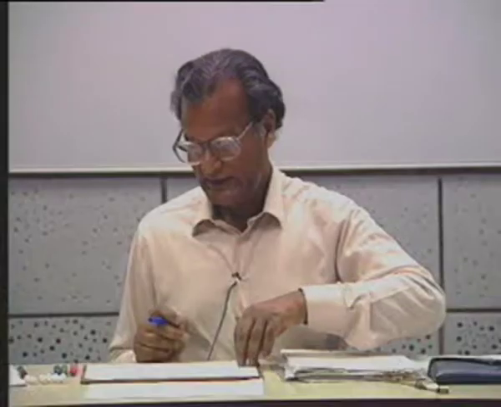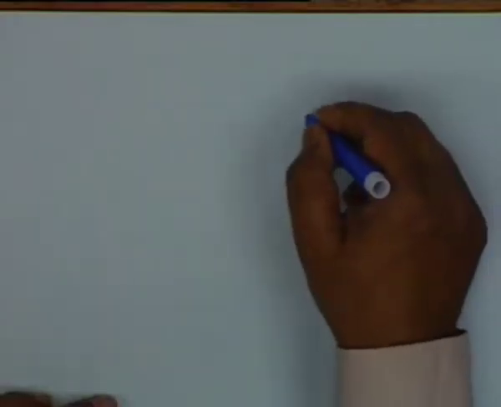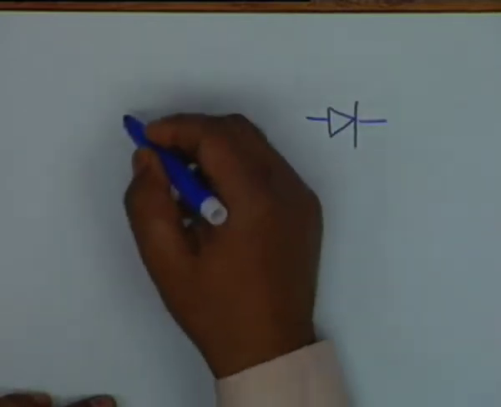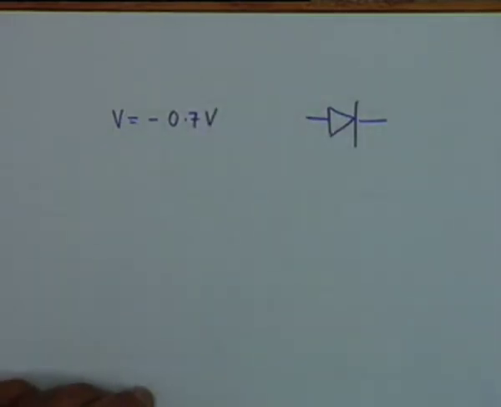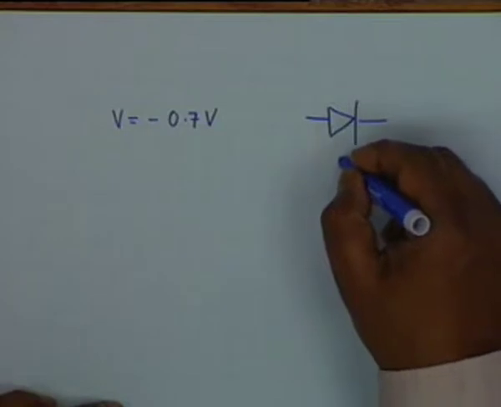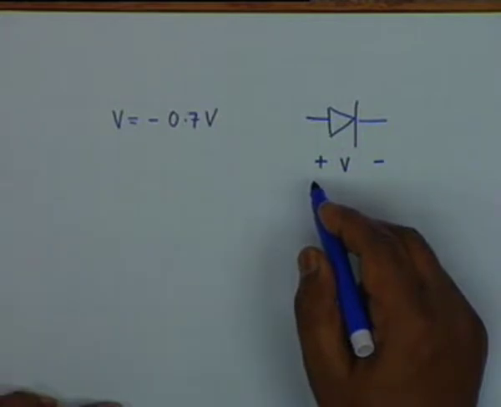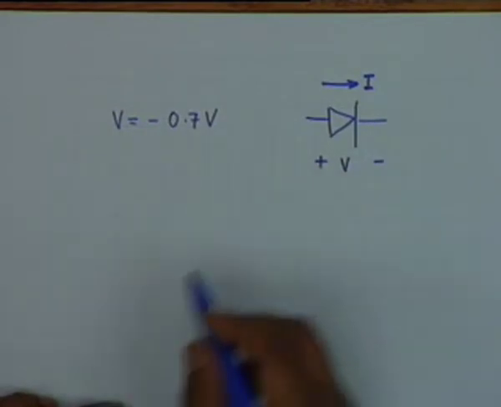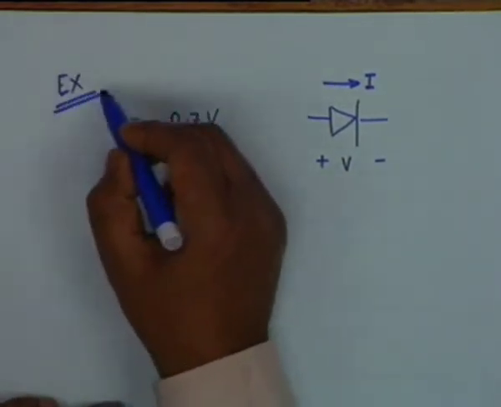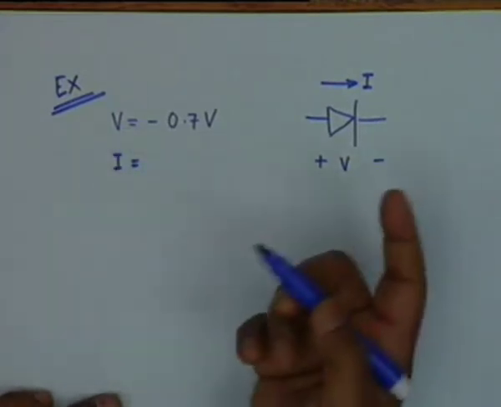Now as an example of application of this, let's take a very simple example. It is given that a diode under reverse bias, that is V equal to minus 0.7 volt, which means that it is reverse biased. Well, the convention is this: V plus minus, plus on the P side and minus on the N side, and the current flows like this, capital I. It is given that at a reverse bias of minus 0.7, the current obviously shall also be reversed.